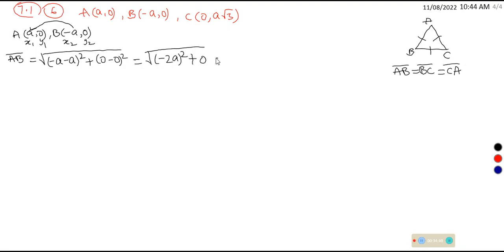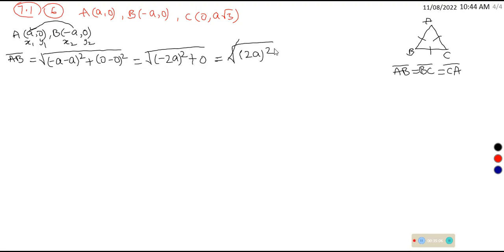Now length should always be positive. Minus 2a whole square, the square of a minus becomes plus, so it can be written as 2a square also. Length should always be positive, that's why we are removing the minus. Minus to an even power is always positive, so we can write minus 2a whole square also as 2a square.